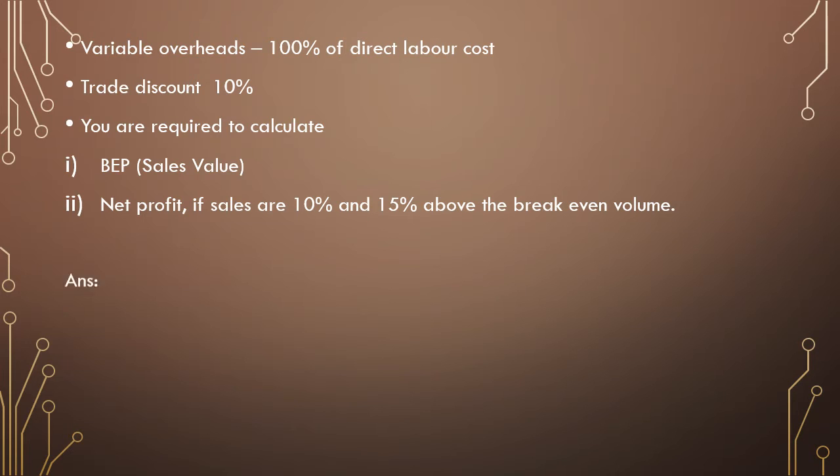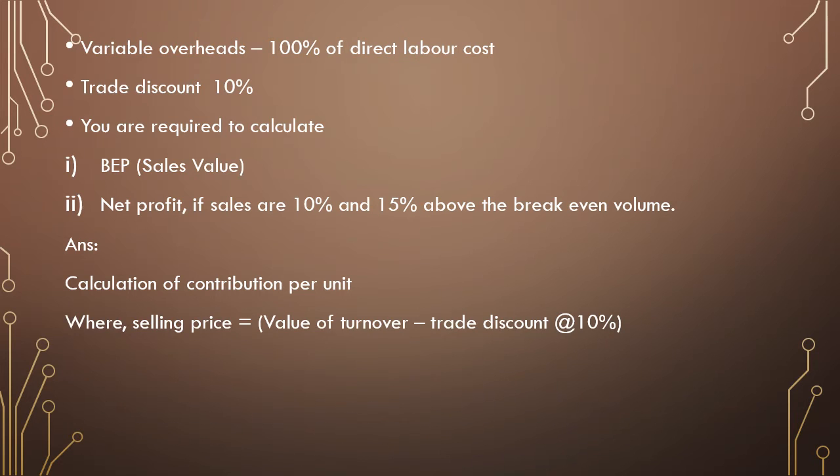Now let us start our calculation. We will first require to calculate contribution per unit. How to calculate contribution per unit? Selling price is equal to value of turnover minus trade discount of 10%, as trade discount has to be deducted from the value of turnover to get our actual selling price.